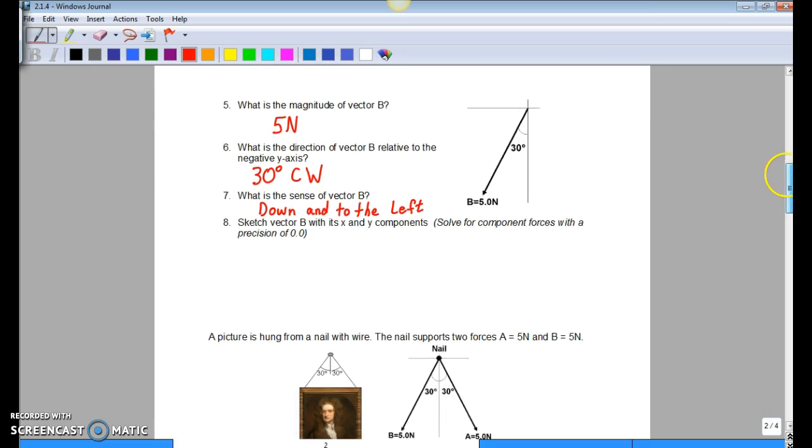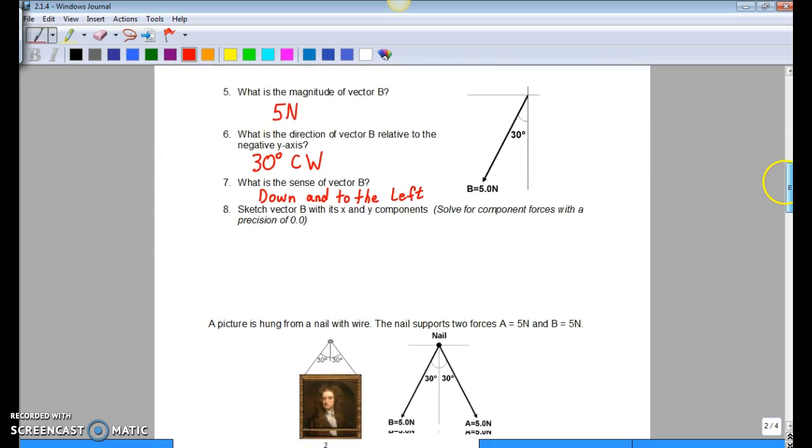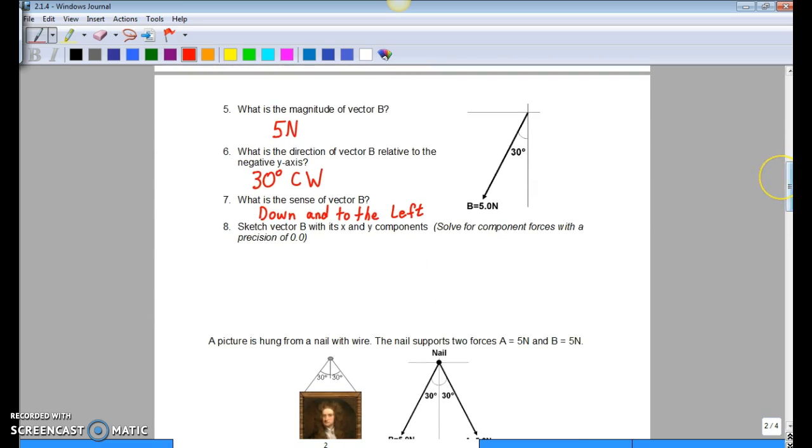Question 8, similar to question 4, which we just answered, says break vector b into its x and y components. So here it is. Here's your y component. Here's your x component. So there's b sub x, b sub y. We draw out the sines and cosines.